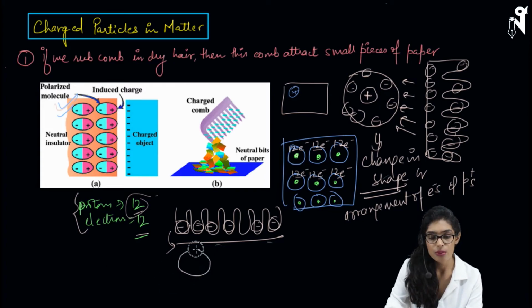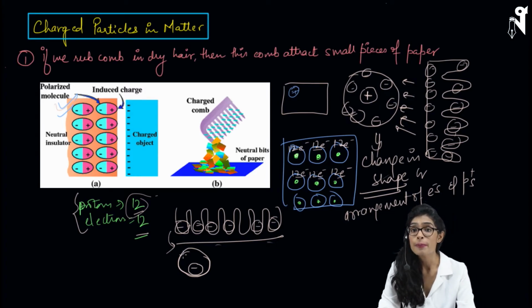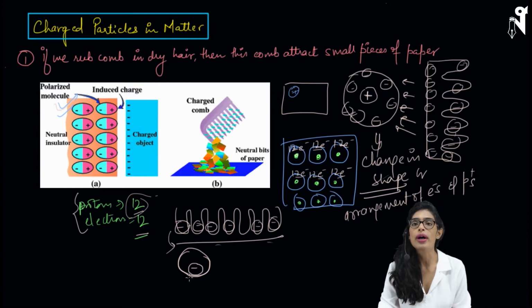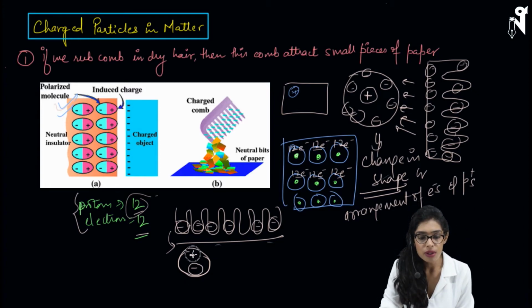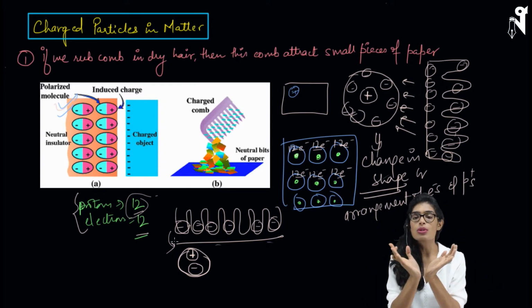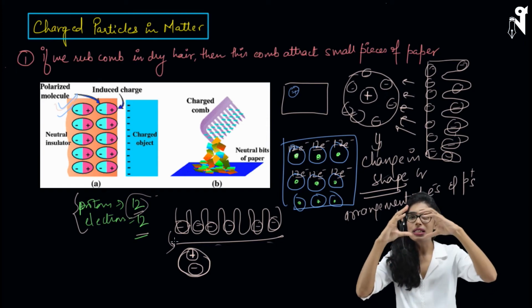Shape, or you can say arrangement: that negative charge will go away from the surface of the comb, or the surface of the piece of paper closer to it, to avoid the repulsion, and the plus charge will get accumulated in this area. So the things which were equidistributed, with electrons outside and the plus charge inside, will get a little distorted.